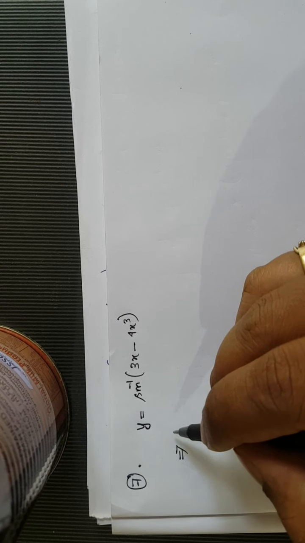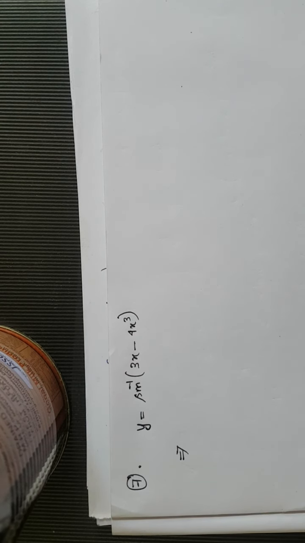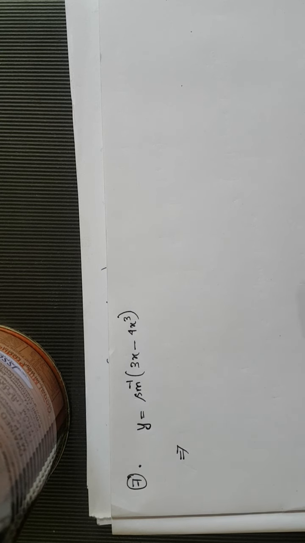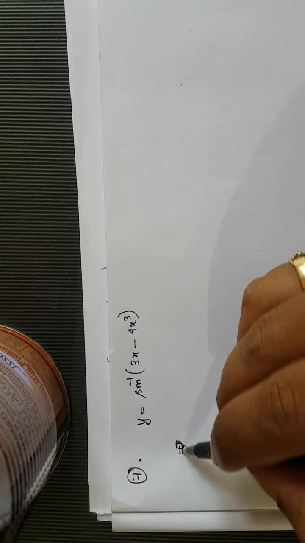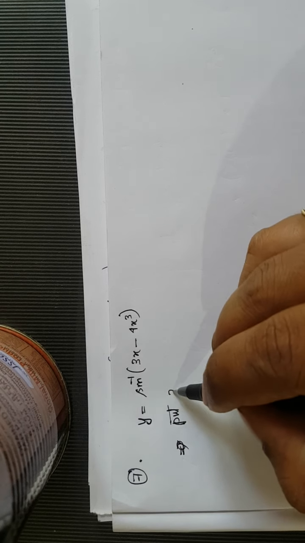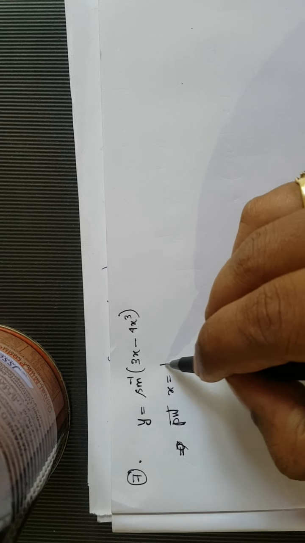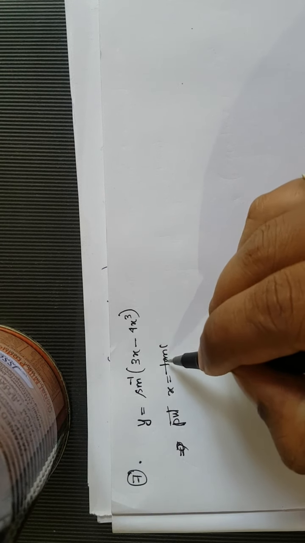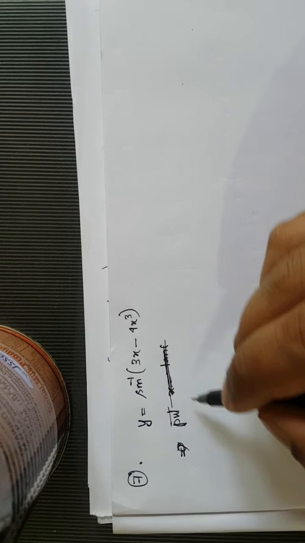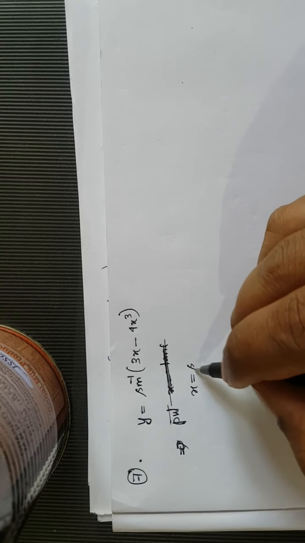What is dy by dx? That is the derivative of y with respect to x. Now you can put x equal to tan theta. Sorry, mistake. x equal to sin theta.